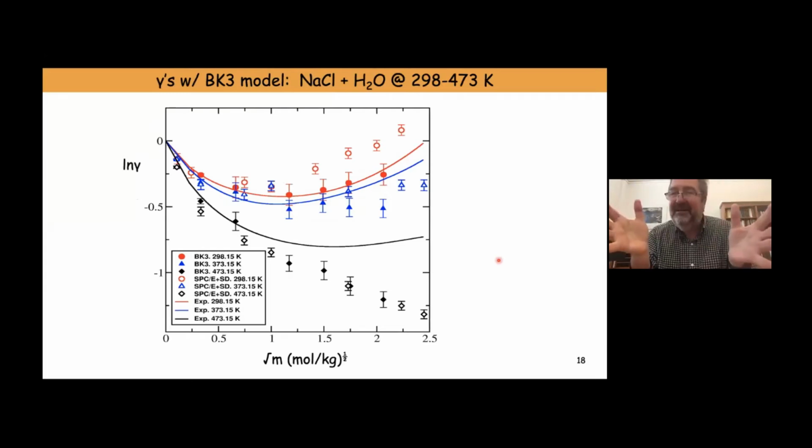As we will see a little later, the full charge models suffer in their description of transport properties of the solutions. And so it is a combination, of course, that we need to worry about, water and ion model. And I think there is blame to be apportioned in both categories, in both ions and water.